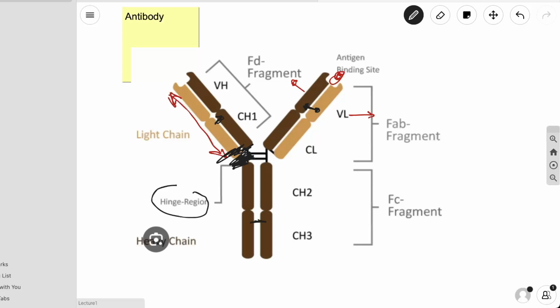So this is the disulfide bond holding the structures all together. It maintains the stability of this Y shape. Now let's take a look at the constant region. Can you see it?